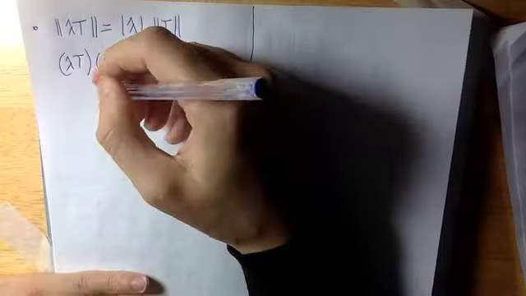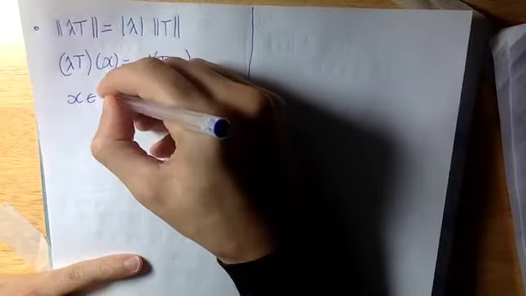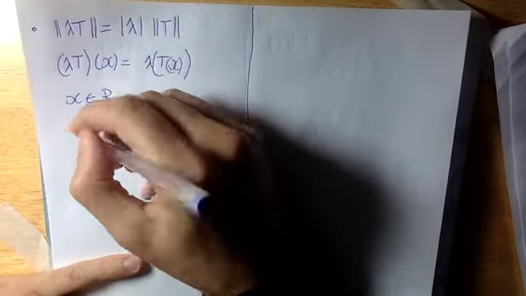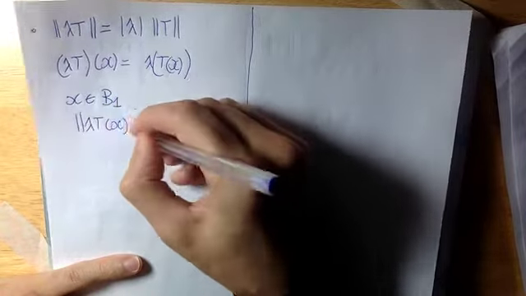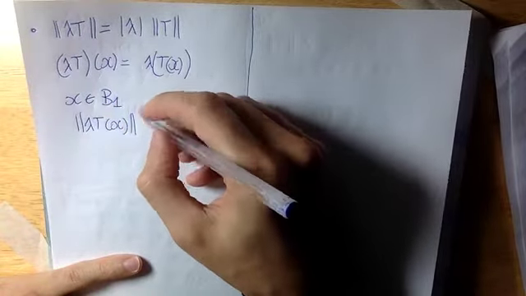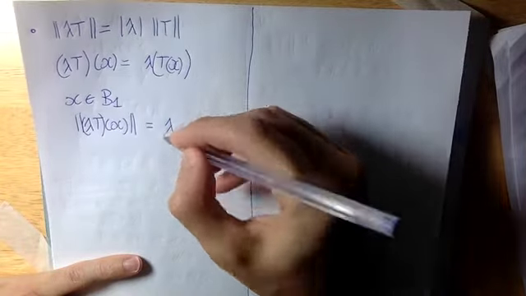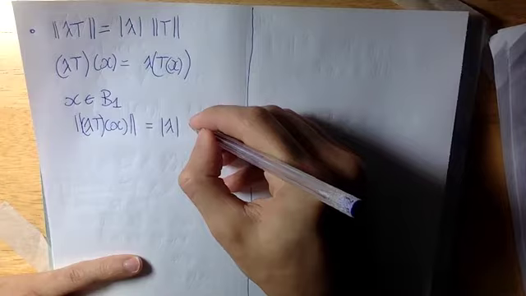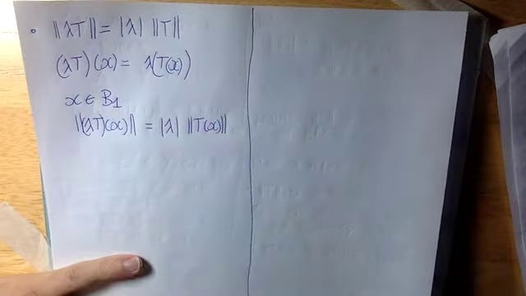So what can we see right away? Let's take x in the unit ball. Then the norm of lambda T x is going to be equal to the absolute value of lambda times the norm of T x.